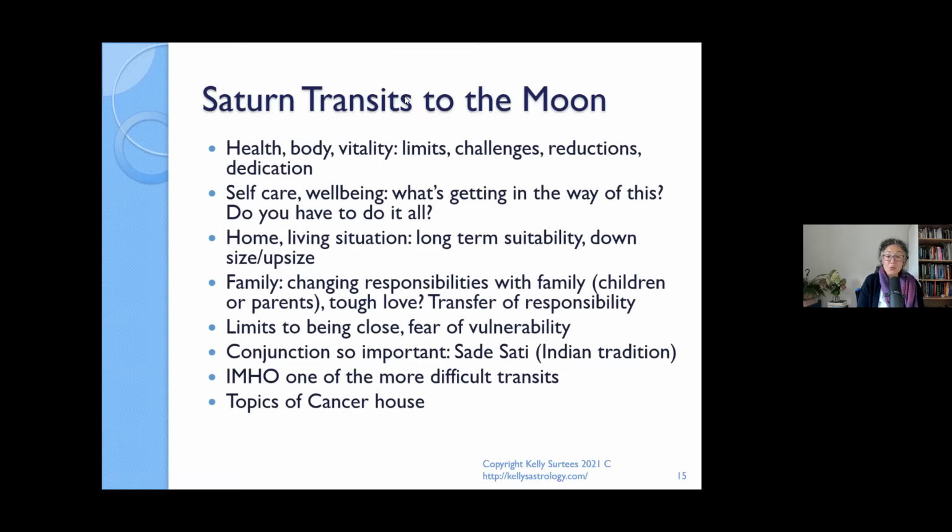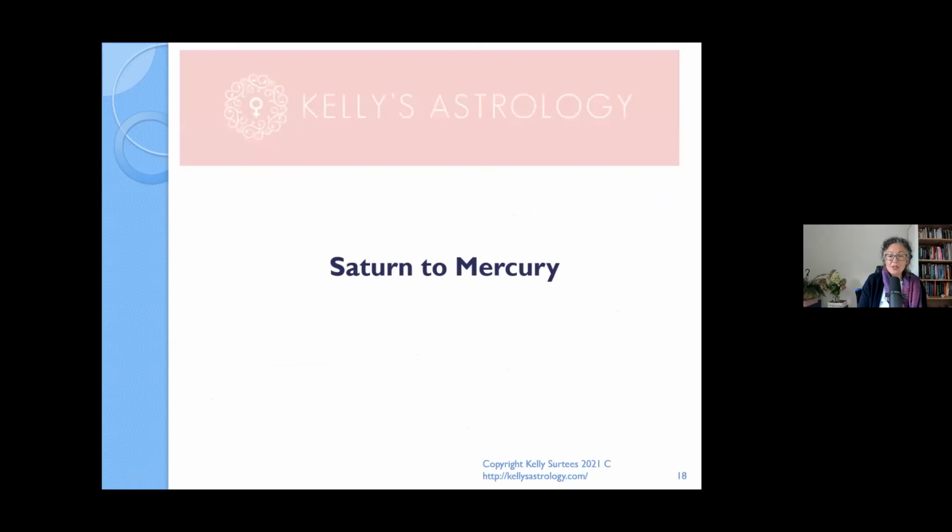You don't feel like you want to do that, that's okay. We don't have to do it now. We can delay it, or we are allowed to say no. All of those kinds of things that, in an ideal family environment, you would learn from a caring or present parent. Okay, so let's talk about Saturn transits to Mercury.